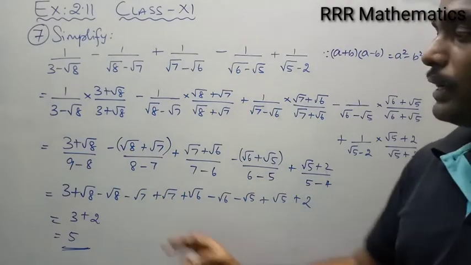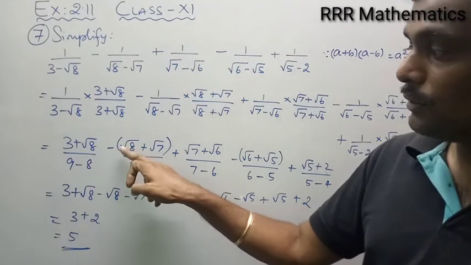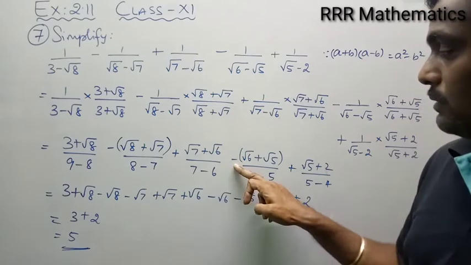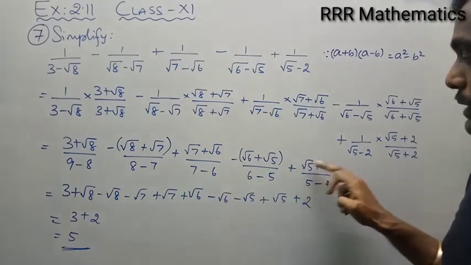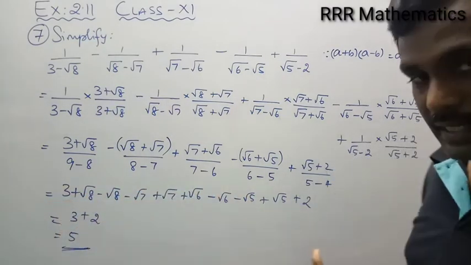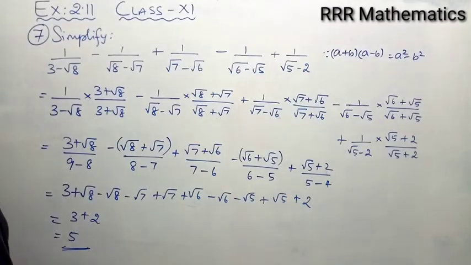So directly I can write the numerators. The minus goes here, a small change, so it reads minus root 6 minus root 5. Plus, write as it is. When you simplify, all the terms get cancelled except the first and last term. It gives 3 and 2, whose sum is 5. That is the required answer. Is it clear?